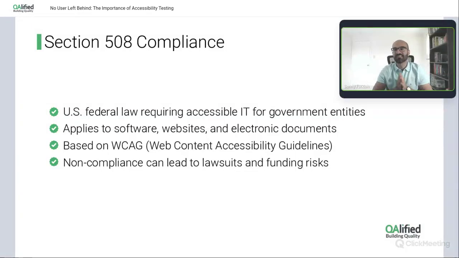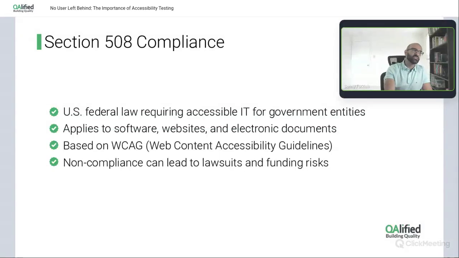So it's a law. It's basically like filing your taxes, right? And I hope everybody on this call files their taxes. If you're in the US, you do not want to mess with the IRS. So that's exactly like the law. So think about Section 508 compliance as the ADA, which stands for Americans with Disabilities Act, for digital products.